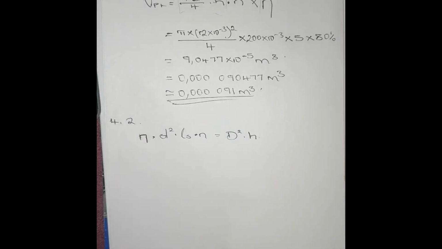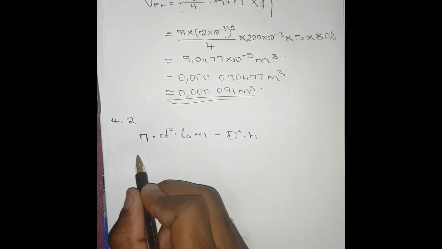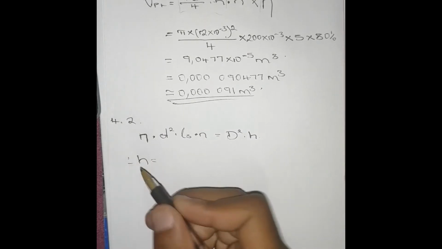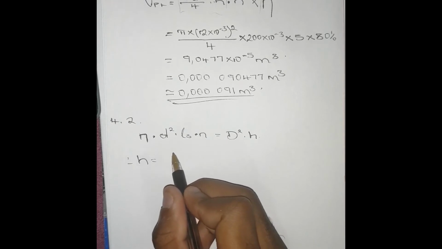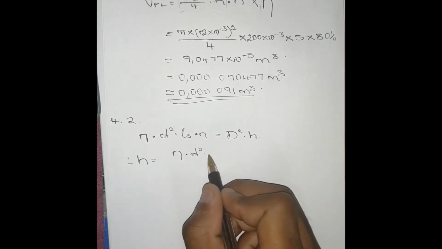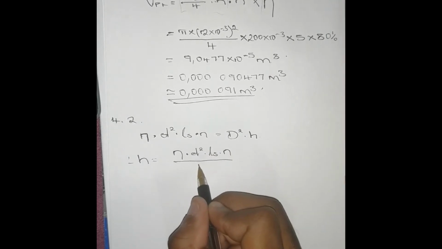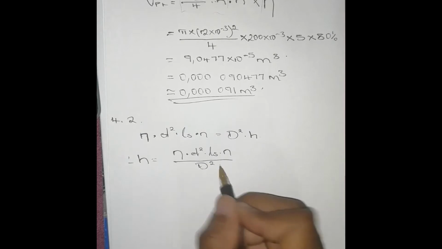And then since we are looking for the distance that the ram will be displaced after 5 strokes, we can make h subject of the formula, and therefore h equals efficiency times diameter of plunger squared times stroke length times number of strokes over diameter of ram squared.